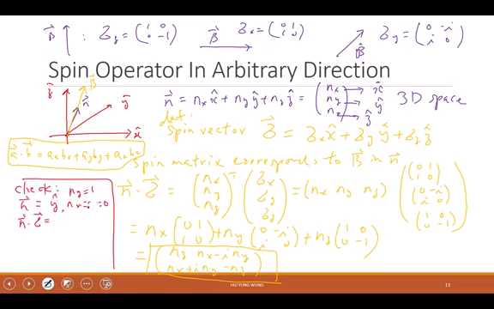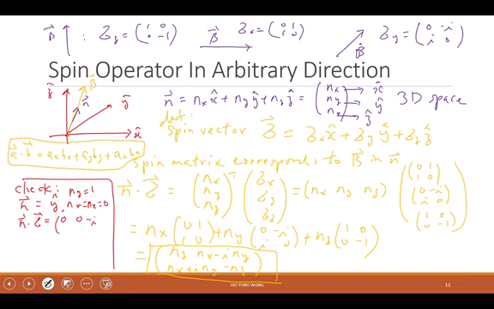You have nz equal to 0, right? So as a result, you have what? Based on this equation, nz is 0, nx is 0, ny is 1.